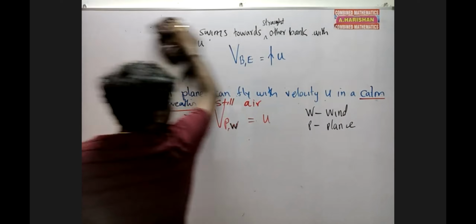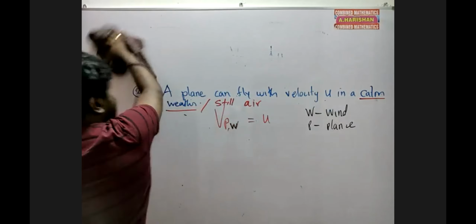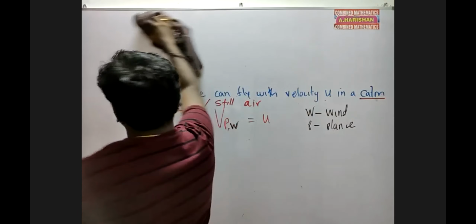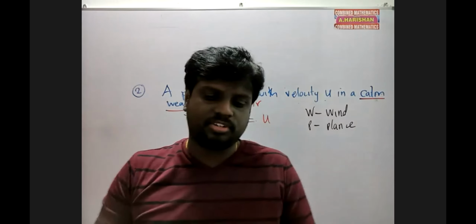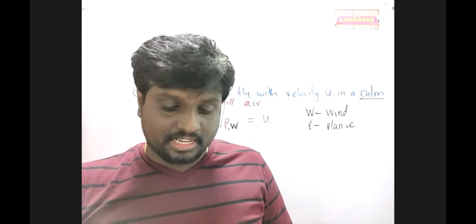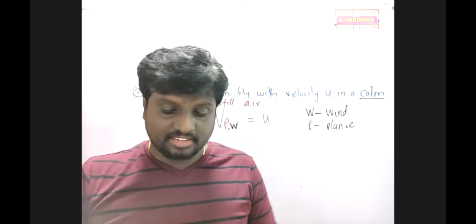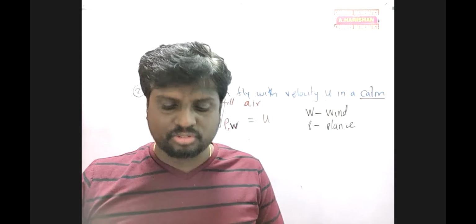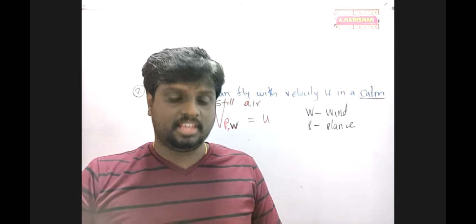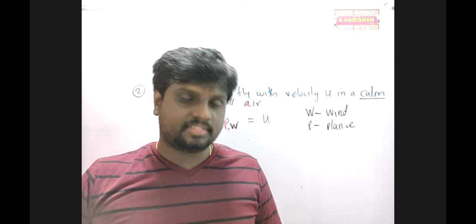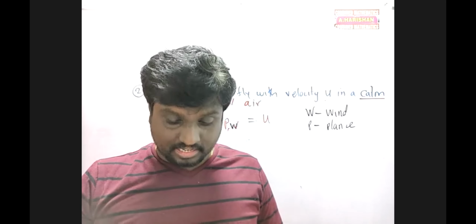So first of all, we have to read the question and convert to the mathematical notation. That is the very important part because many students couldn't do this. That's why they fail in this relative velocity, however many times they learn.